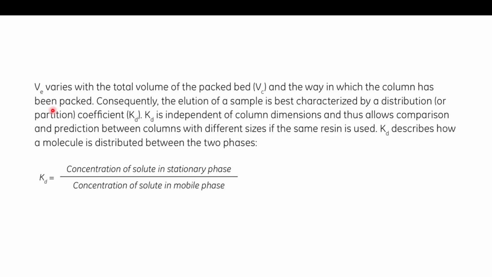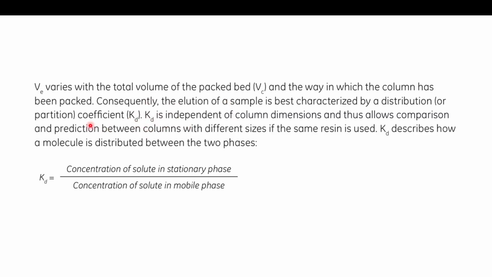The elution volume actually varies with the total volume of the packed bed and the way in which the column has been packed. Hence, it's a good idea to always denote the elution of the sample using the distribution coefficient, or KD.